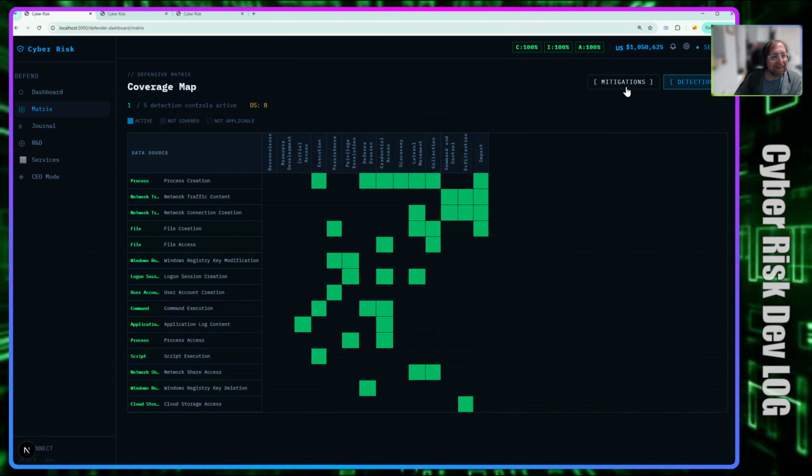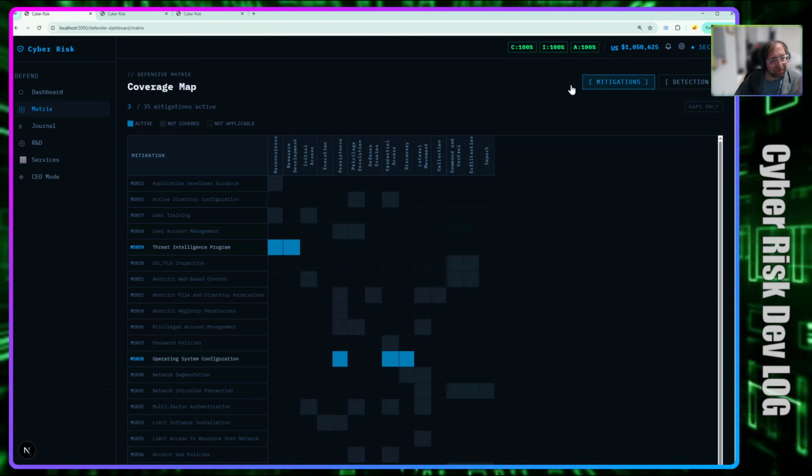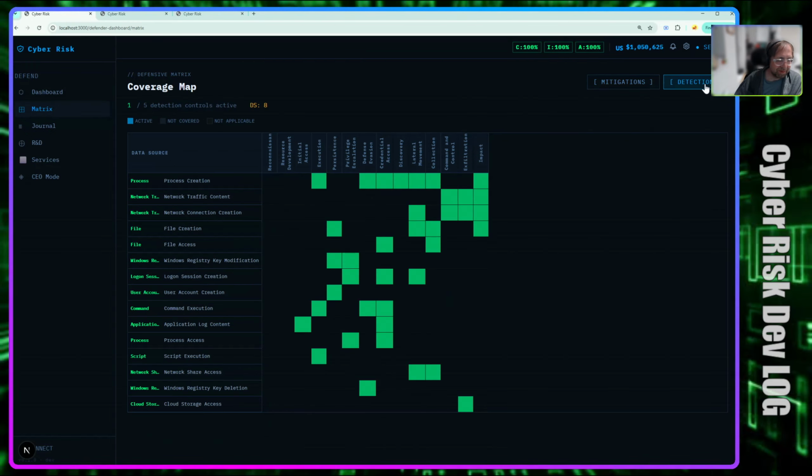So you have mitigations from the MITRE mitigations, but you also have detections, which come from the same metrics. So for example, you can say if I have process creation here, that covers this tactic, right? Network traffic content covers that, etc.